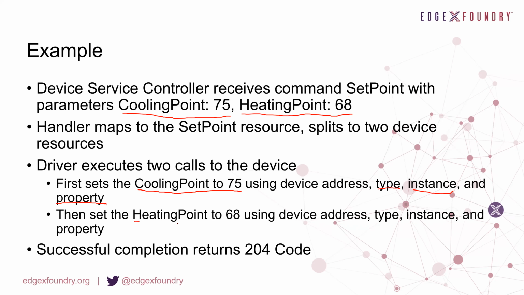Then it will call the heating point write command, set the device heating point to 68 using the same thing. And upon a successful completion, the device service would return the 204 code as specified in the command.